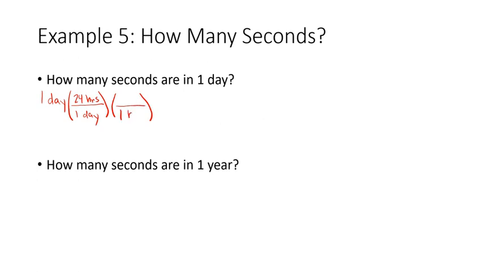In 1 hour, there's 60 minutes. And there's 60 seconds in 1 minute. And when we multiply all of these, notice our units for time leave us with seconds.